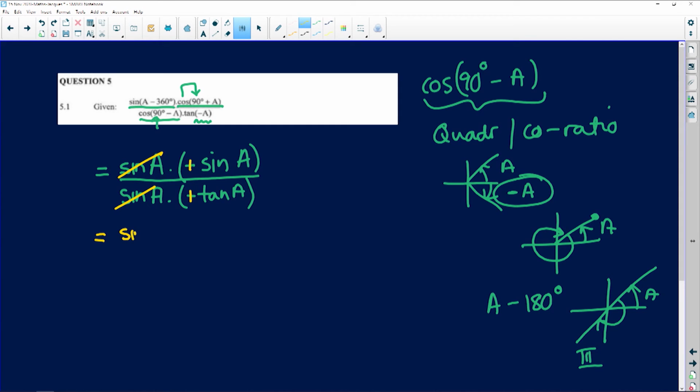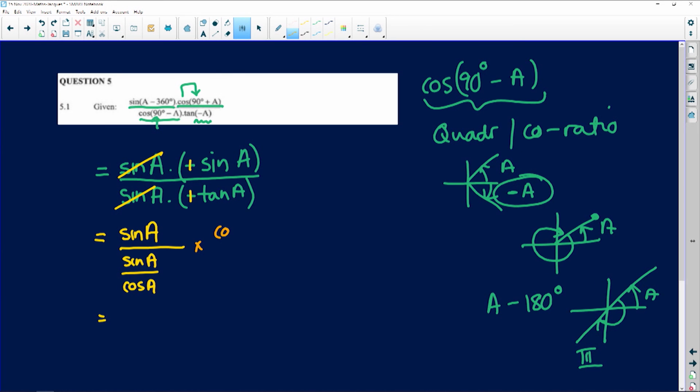We have the sine of a divided by, now here I'm forced to use my quotient identity, sine a over the cos of a. Okay, now what does this mean? Well, this means I've got a complex fraction. If I have a complex fraction, I multiply both the denominator and the numerator with the LCD of the fraction, which in this case is cos a.